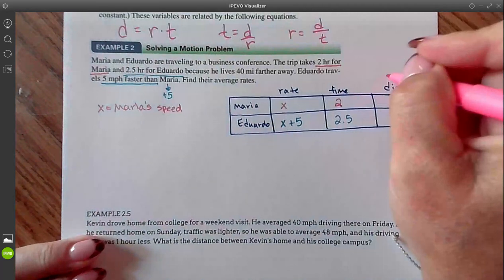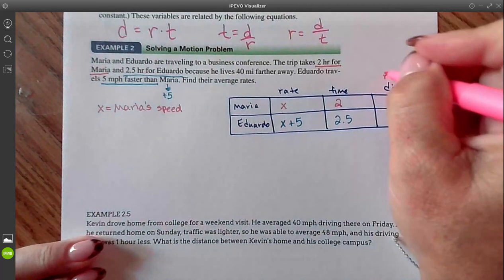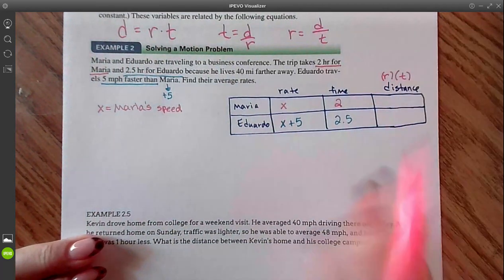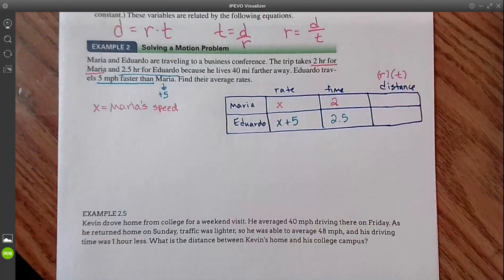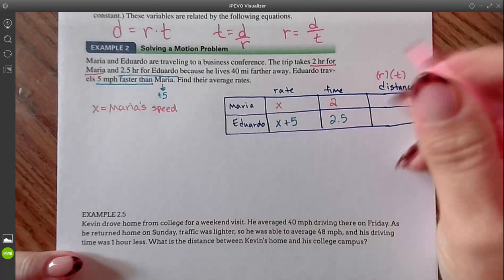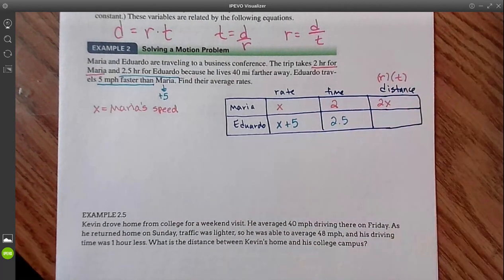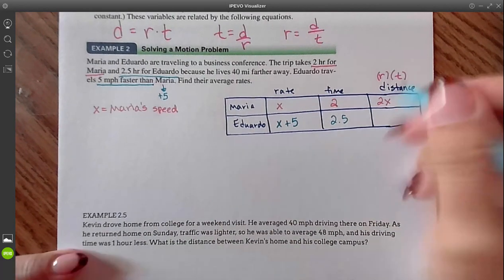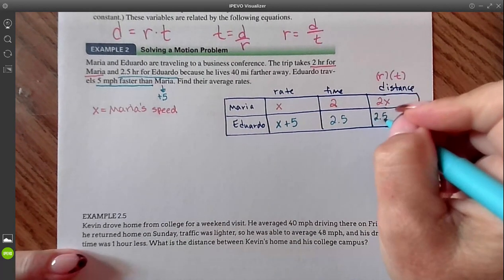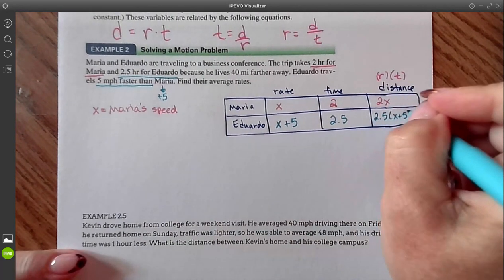So in this column, I'm going to take the rate times the time from the other boxes. So Maria's is going to be x times 2, which I'm going to simplify to make 2x. And Eduardo's is going to be 2.5 times x plus 5.